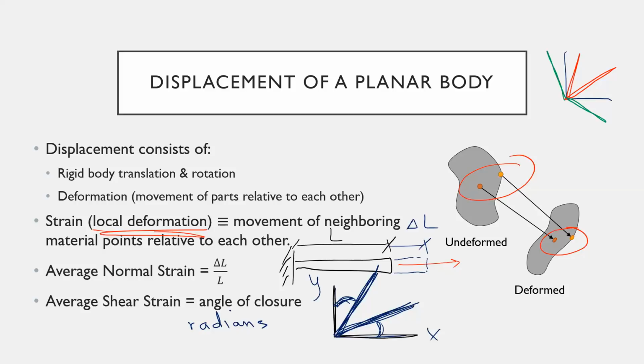I have my sweater here. If I wanted to ruin it, I would draw two perpendicular lines. And then I'm going to pull on it in some fashion. And you can imagine, depending on how I pull on it, those perpendicular lines would no longer be perpendicular. If the angle gets smaller, we call that closure. If it gets bigger, that's opening.